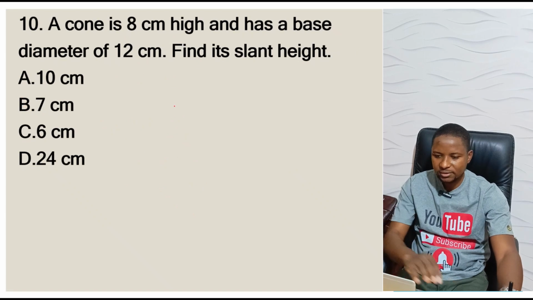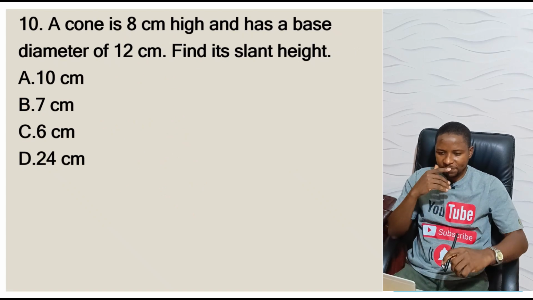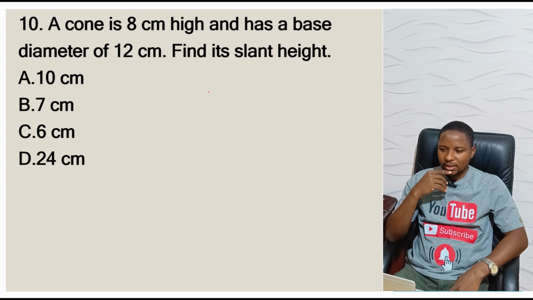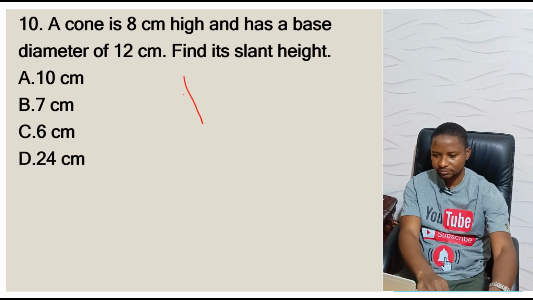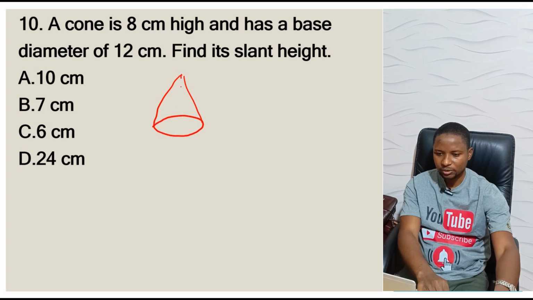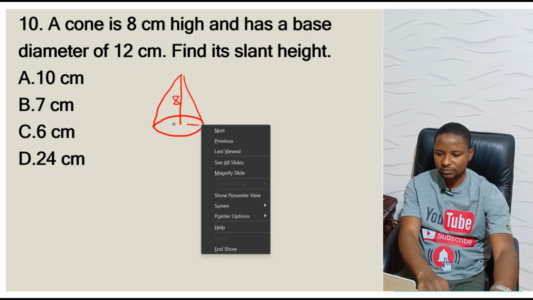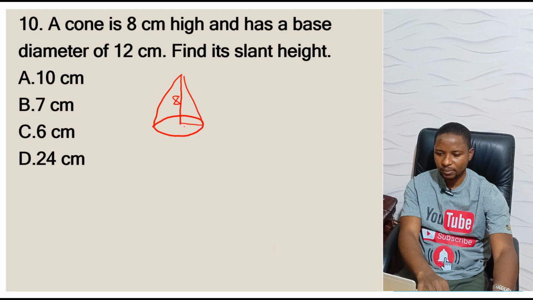Option B. Question 10. A cone is 8 centimeter high and has a base diameter of 12. So let's draw a cone to that effect. There's a cone. And we're told that the height is 8 centimeter and the diameter is 12. So if I need just the radius, it will be half of the diameter, which is 6, and we're looking for the slant height, and this is just Pythagoras theorem.